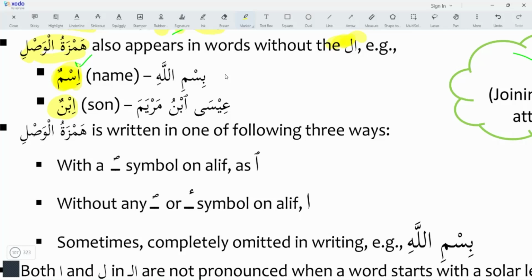So Isabnu Maryama, we will pronounce with the Ba. Here we are writing the Hamzatul Wasal, but we are not pronouncing it, because before this Hamzatul Wasal there is an ism.